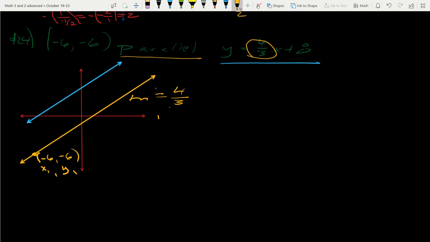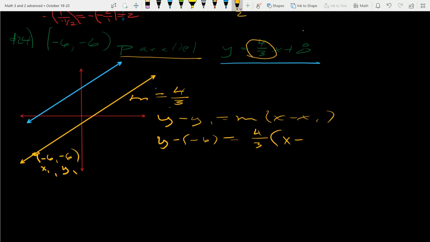So I'm going to take my equation, y minus y1 equals slope times x minus x1, and I just substitute using the given information. So I have y minus, watch your negatives here, -6 equals the same slope because it's parallel, times x minus x1.